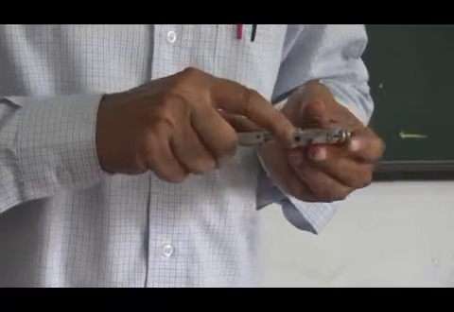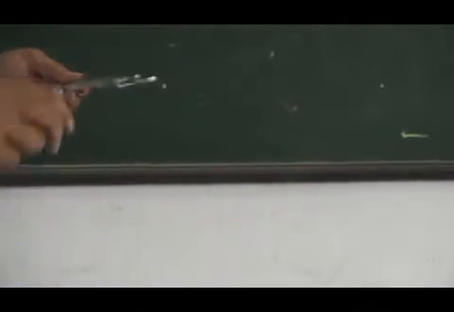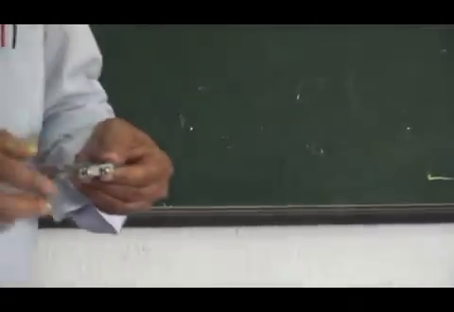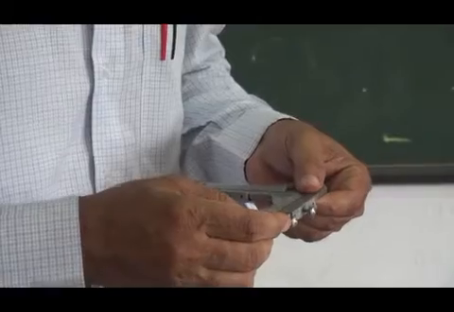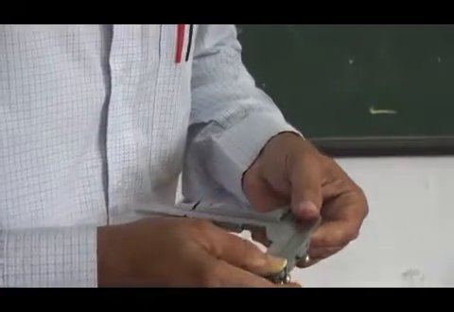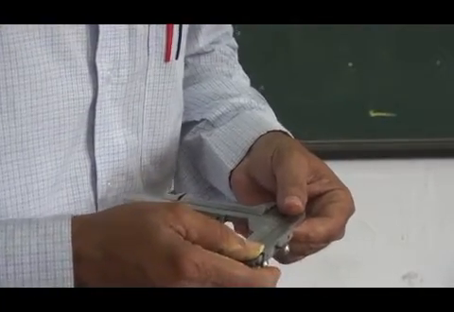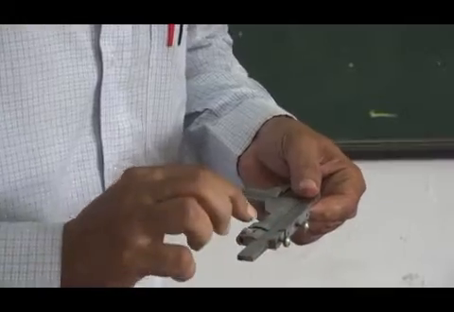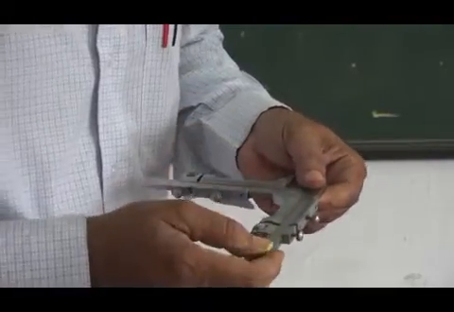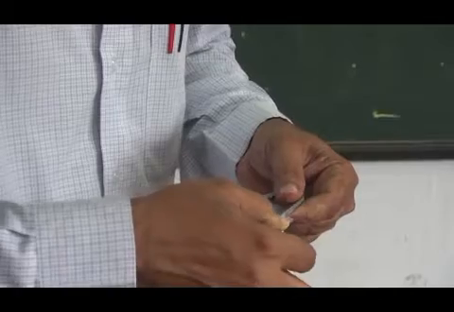Now we have to adjust so that the 31st division of the vernier scale meets the main scale.